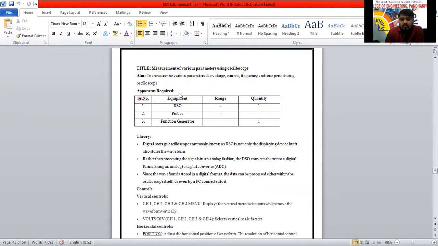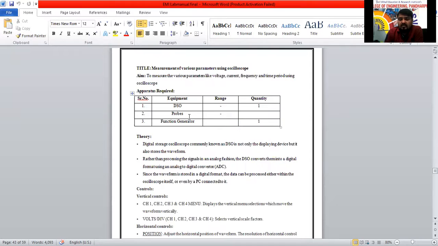To perform this experiment, the main required apparatus is the oscilloscope. We are going to use a DSO, digital storage oscilloscope. Whatever values there are, if it is connected to a computer, it will automatically store them.